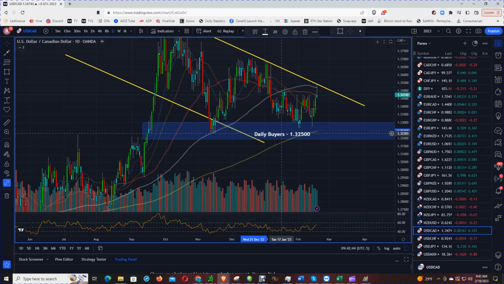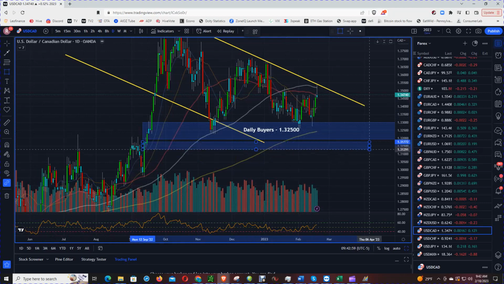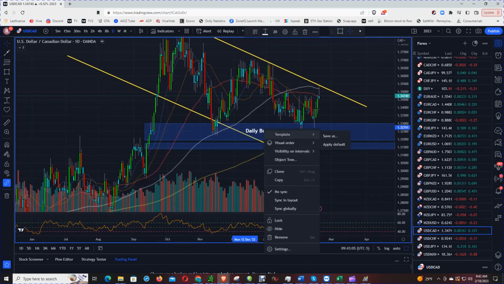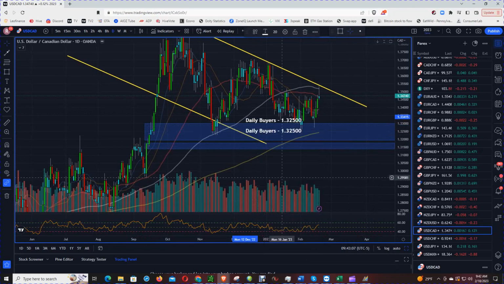Now, the more that price continues to, say, retest this level, the weaker this level becomes. So you do have another little zone right here at 1.315.